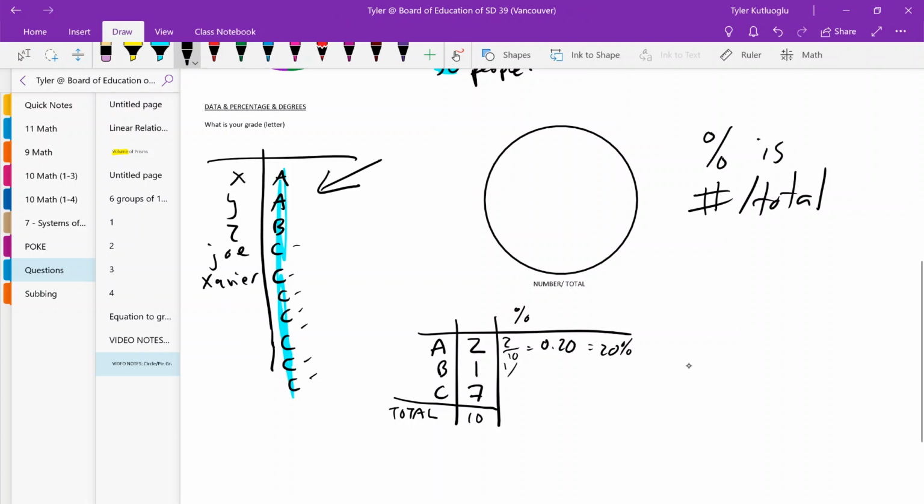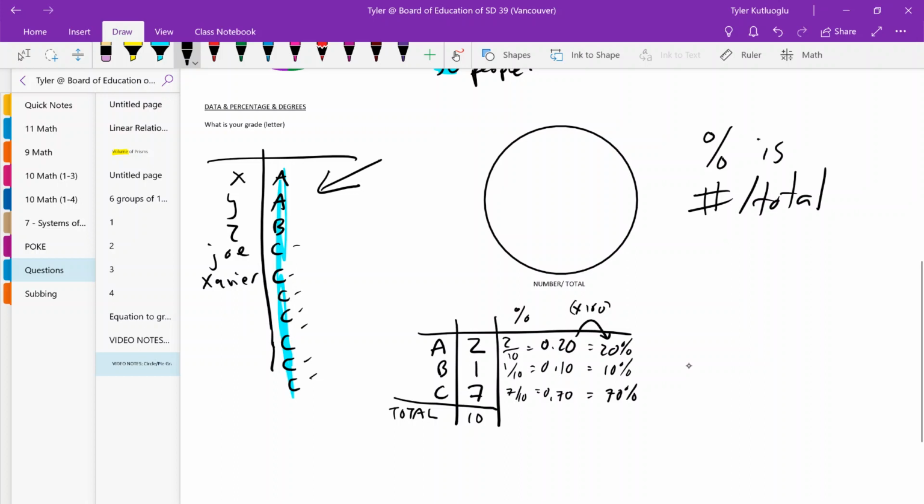Okay, 1 divided by 10, 0.10, which is 10%. And 7 divided by 10 equals 0.70, which is the same as 70%. And if you're wondering how I jump from that to that, remember when you calculate percent, you always multiply by 100 to turn it into a percentage.